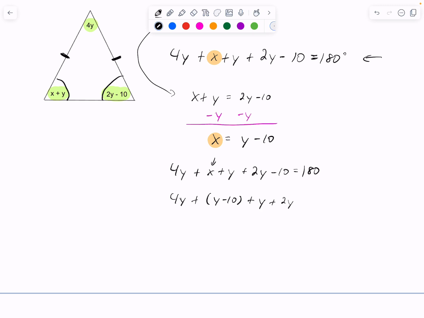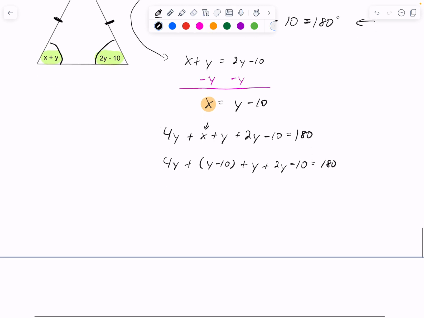But what you'll notice is that there's nothing being distributed, so you can just take those off and combine like terms. So the 4Y, the Y, the Y, the 2Y. So that's going to be 4Y, 5Y, 6Y, 8Y. I see minus 10, that's minus 20. Move over that minus 20 by adding 20, and you get 200.